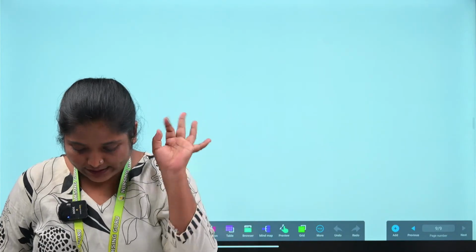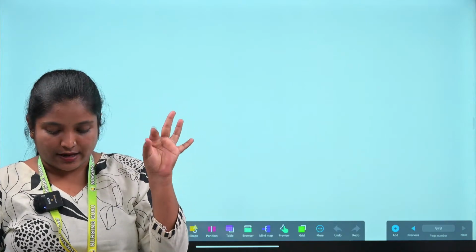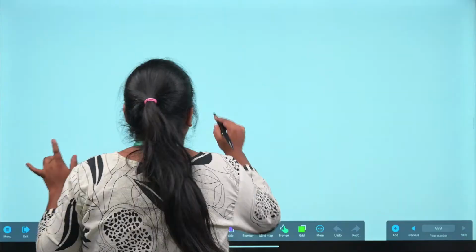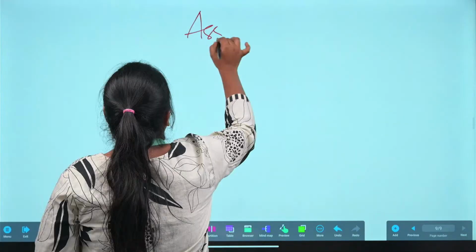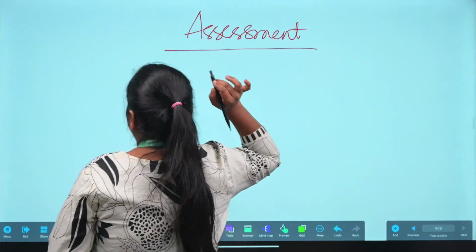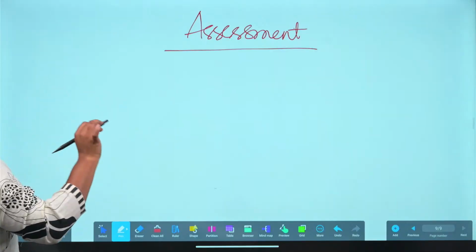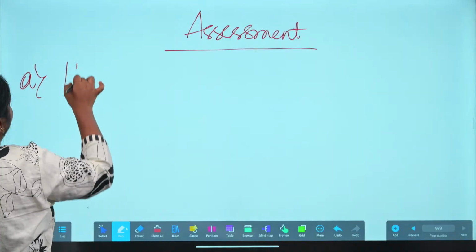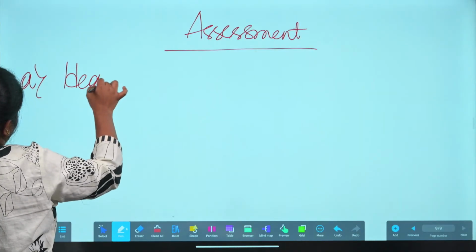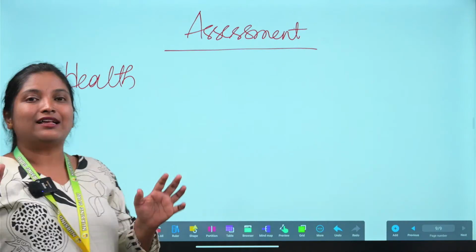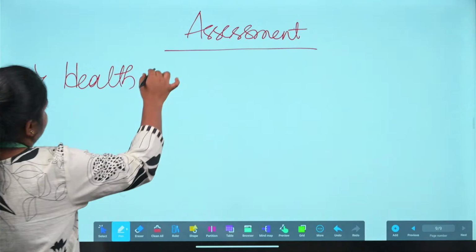In that health assessment: history collection, physical examination and nutritional assessment, general clinical investigations. It is one of the very important parts of the nursing process. In that, mainly focusing on health assessment. So your chapter is all about the health assessment, to assess the health of the patient.